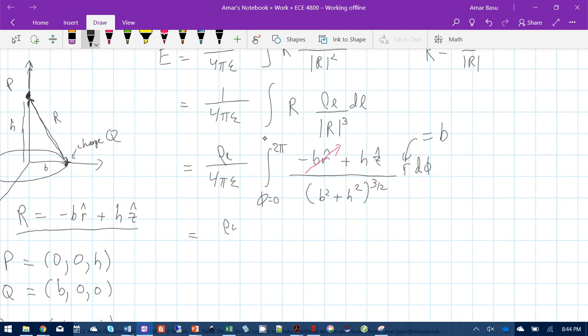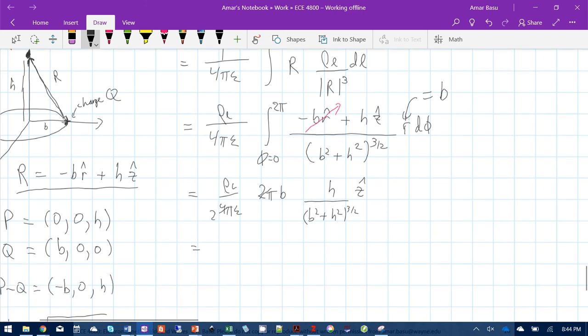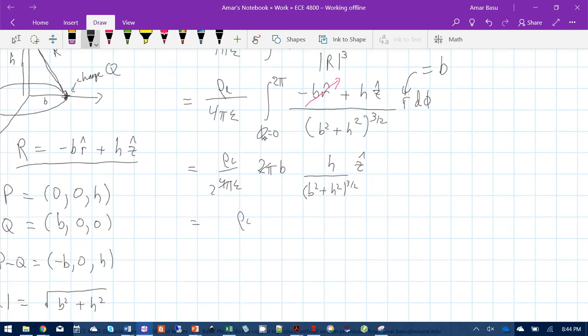Good. Rho L times, over 4 pi epsilon, times 2 pi, times B times H times z hat, over B squared plus H squared to the 3/2. The 2 pi's cancel with 4 pi, left with 2 at the bottom, and you're left with rho L times B over 2 epsilon, H over B squared plus H squared to the 3/2.